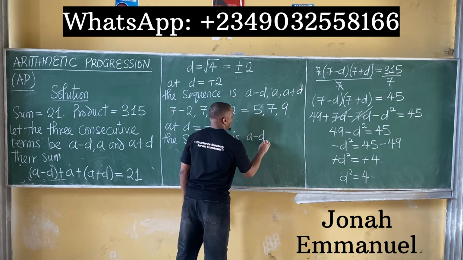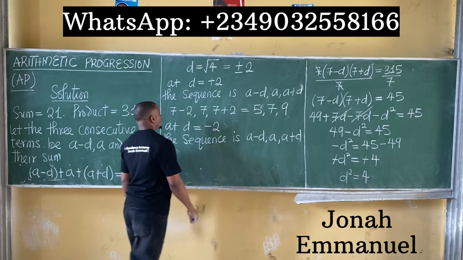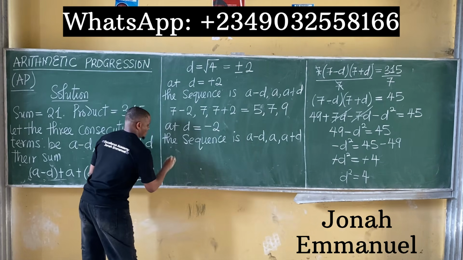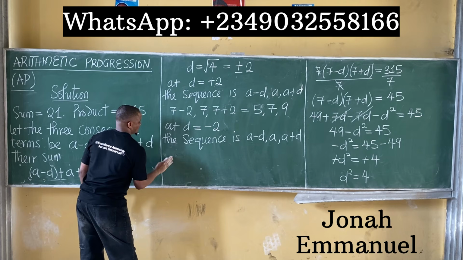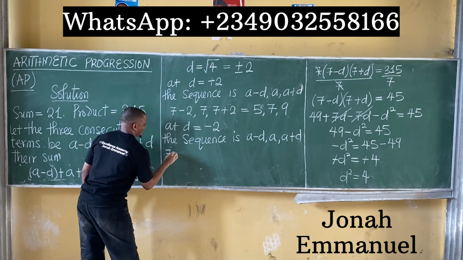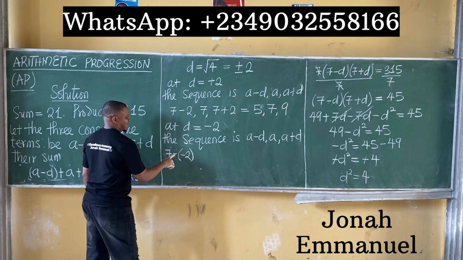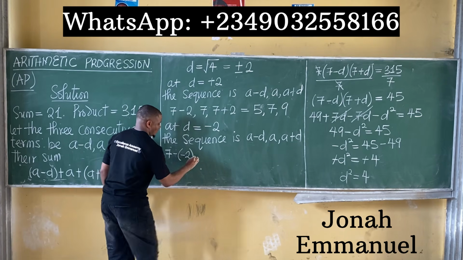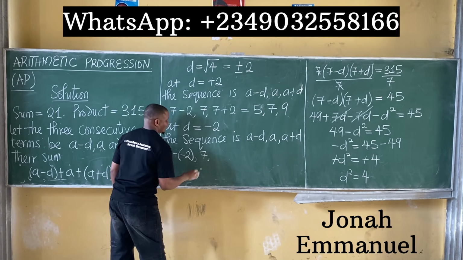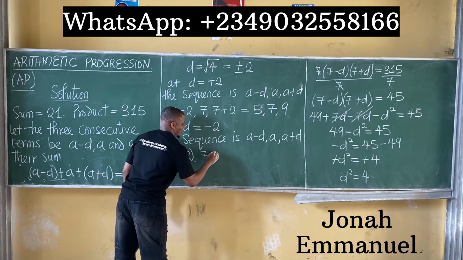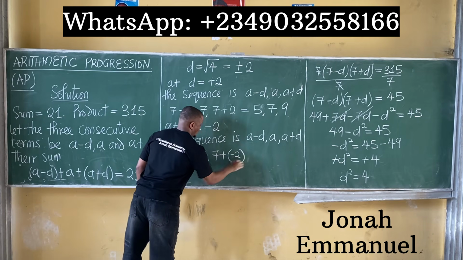A minus d, a, a plus d. So it becomes a minus d. The value of a is 7. It becomes 7 minus d, and d is minus 2. So a minus d, d is now minus 2, comma, and then a is 7, and then a plus d. So it becomes 7 plus d, d is now minus 2.